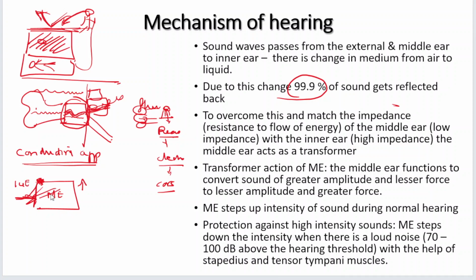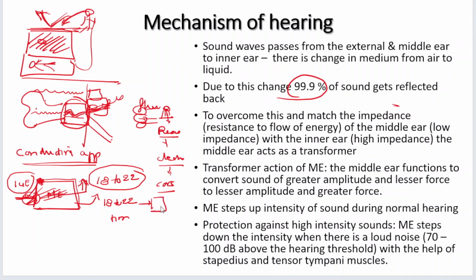What does the middle ear do? The middle ear takes this 1 unit of energy and steps it up to 18 to 22 times that energy. Now that is a phenomenal thing. Just because of the way the middle ear is designed, it takes that 1 unit of energy and increases it, and the force is presented to the inner ear fluids at the oval window.